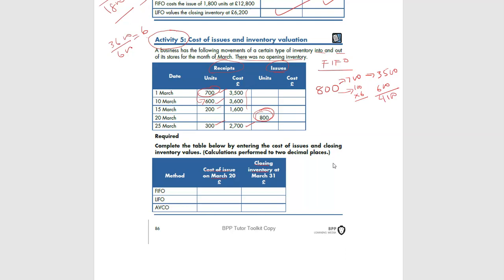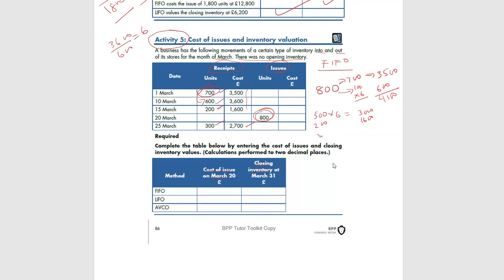Now if I subtract this from here, the 700 I fully use, and from the 600 I have used 100, so I have 500 left. 500 left at £6 per unit should be 3000. And I have the 200 completely left, with the price 1600, and the 300 is 2700.